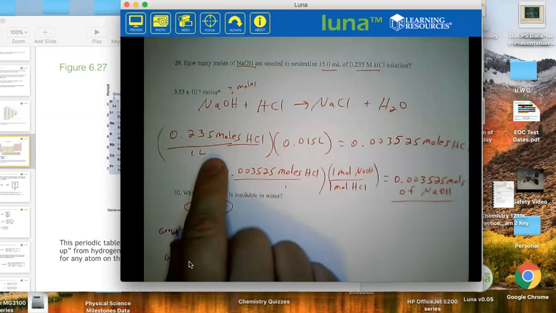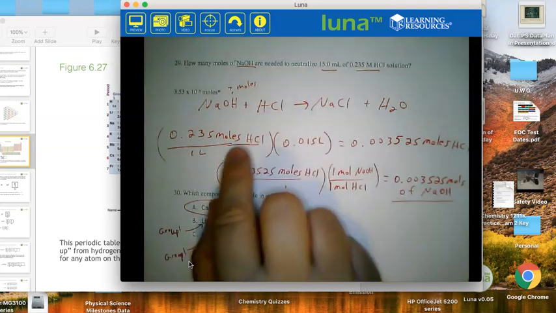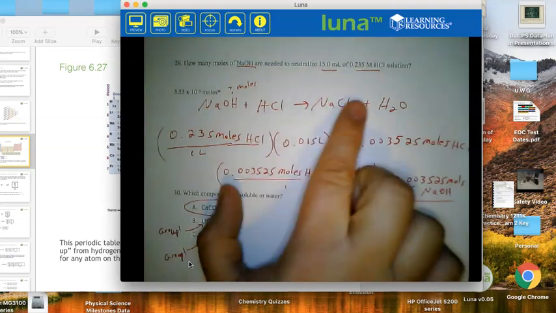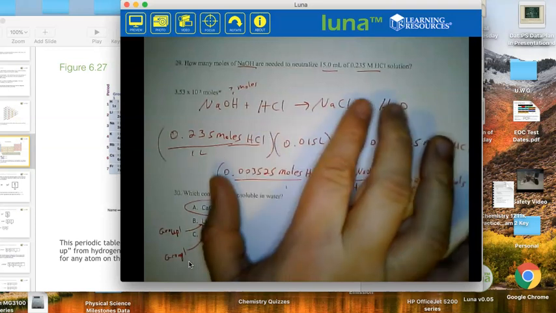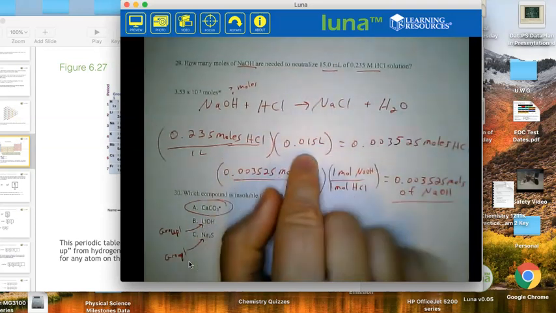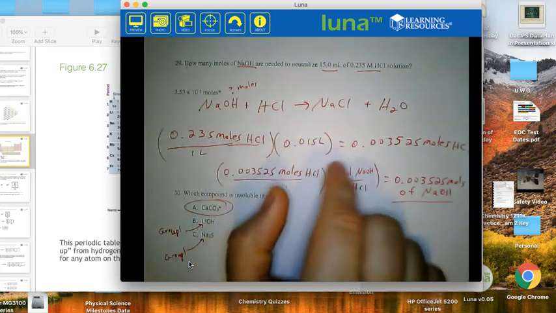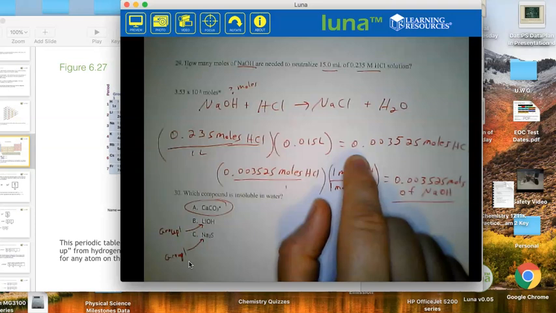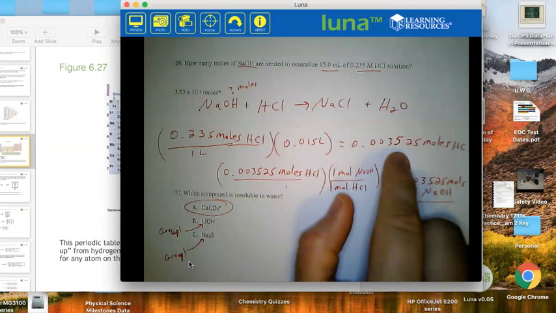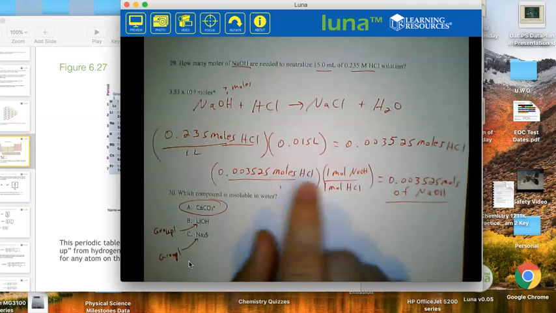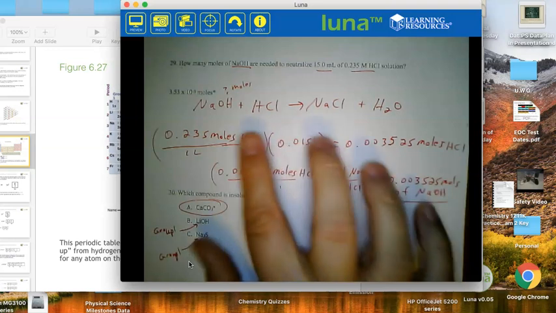So I'm starting out with 0.235 moles per liter. That's the molarity of HCl. Then I multiply it by the volume in liters. My liters cancel out, and I'm left with moles. I'm wanting to know the moles of sodium hydroxide needed to neutralize 0.003525 moles of HCl. So all I need to do is convert moles of HCl to moles of sodium hydroxide using my molar ratio.